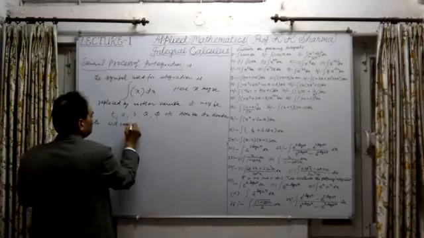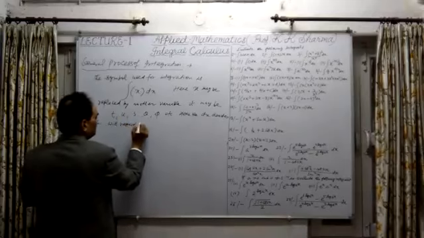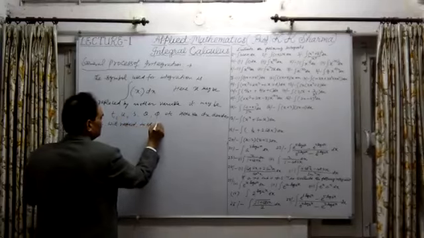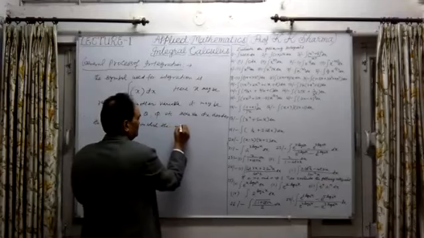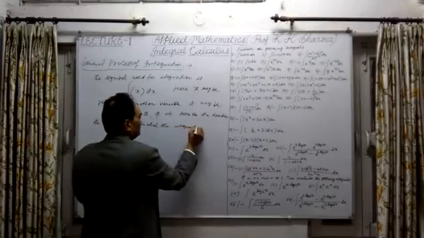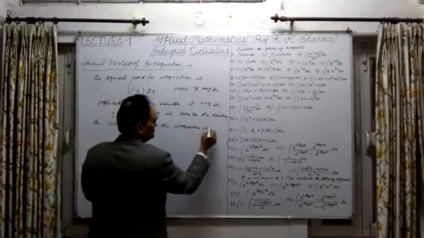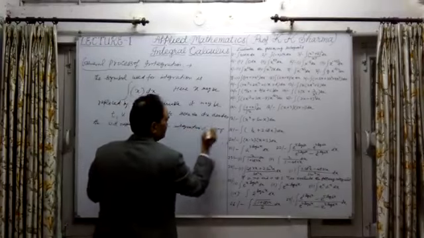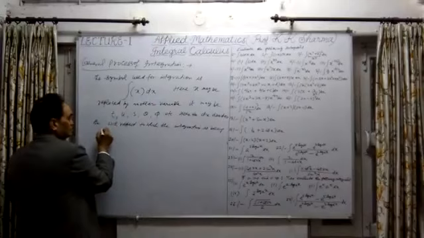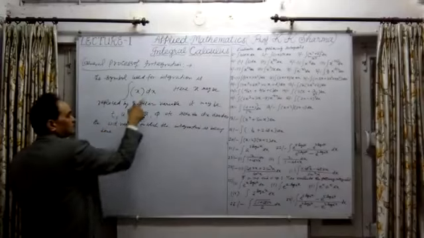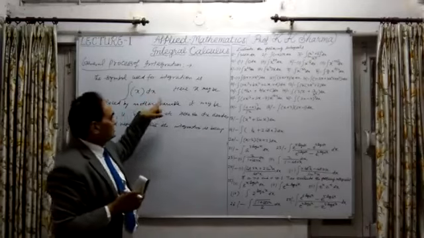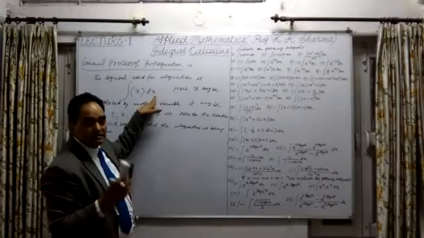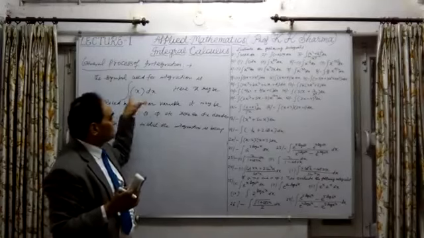the variable with respect to which the integration is being done. That means we are integrating with respect to x here. This dx denotes the variable with respect to which we are integrating.